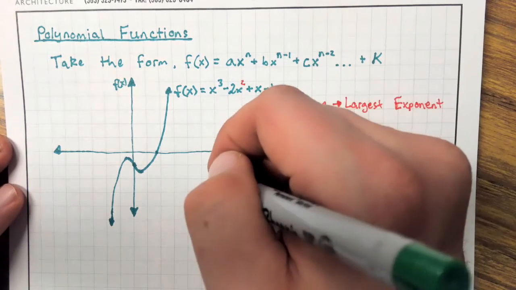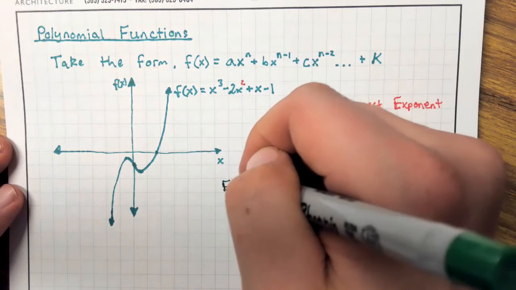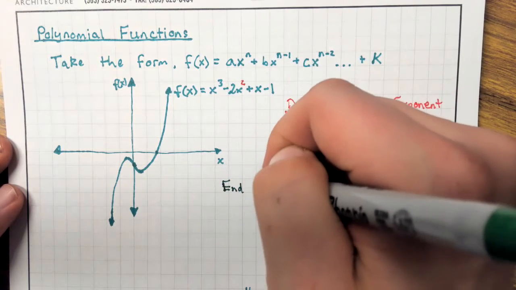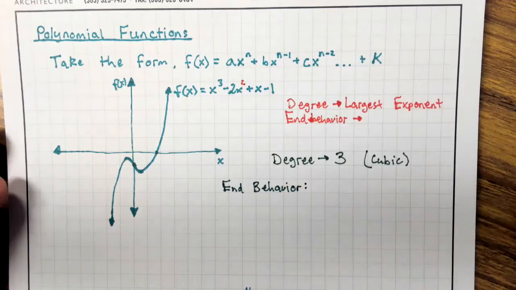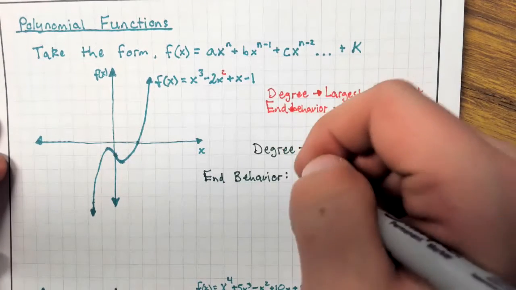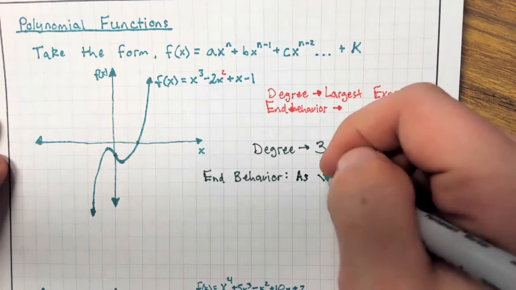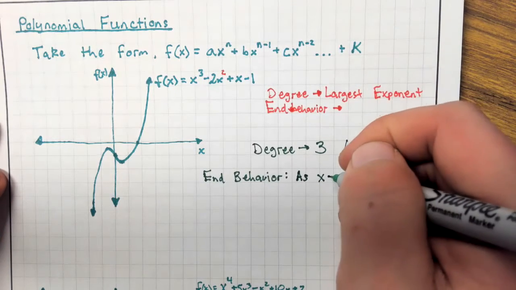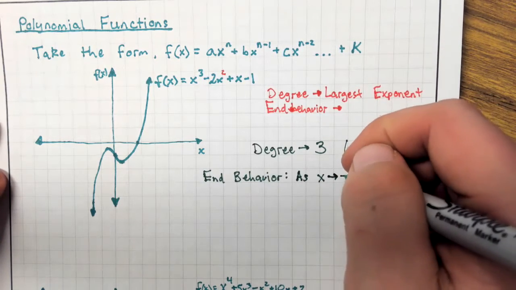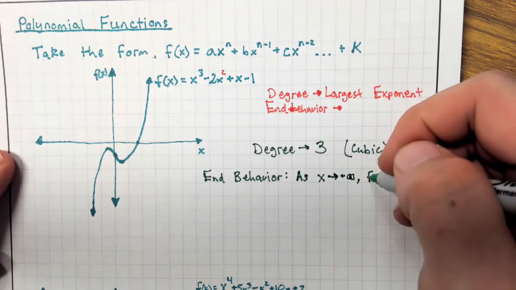So this is not difficult, but it's written in a way that might be kind of confusing at first. So the end behavior, as x, so we're looking at this value, as x approaches positive infinity, where's our function going?